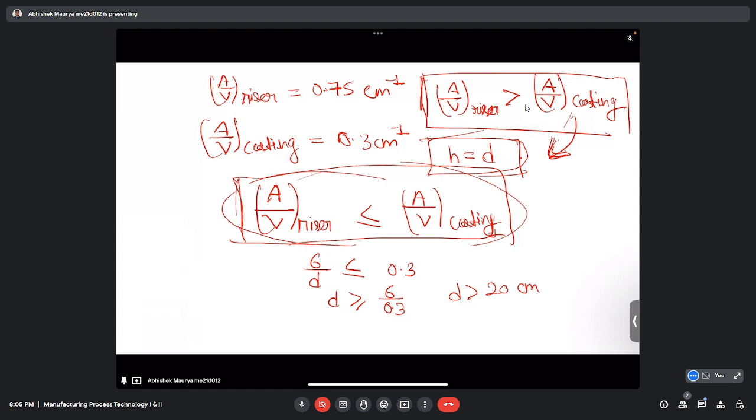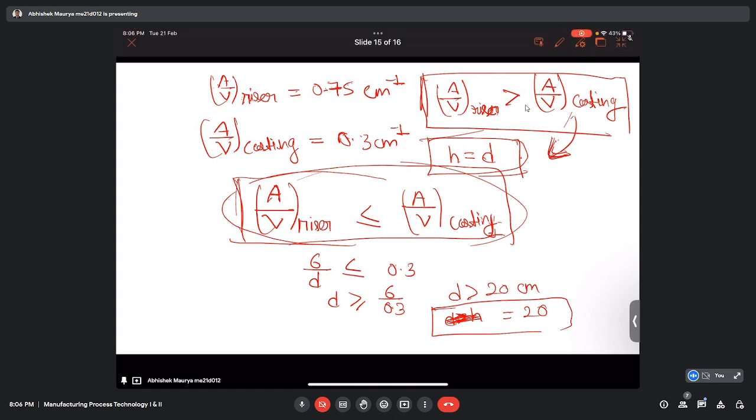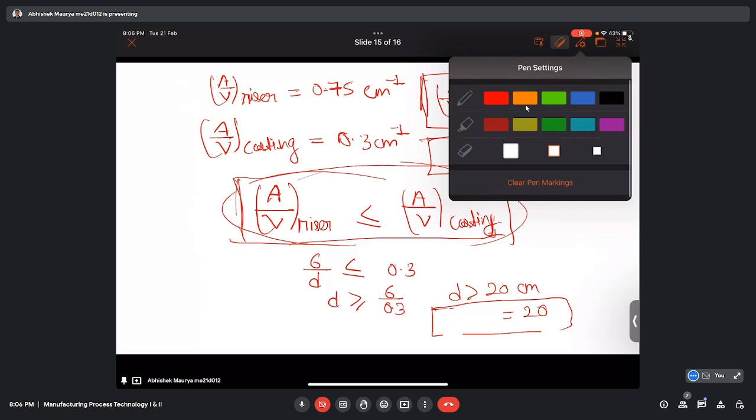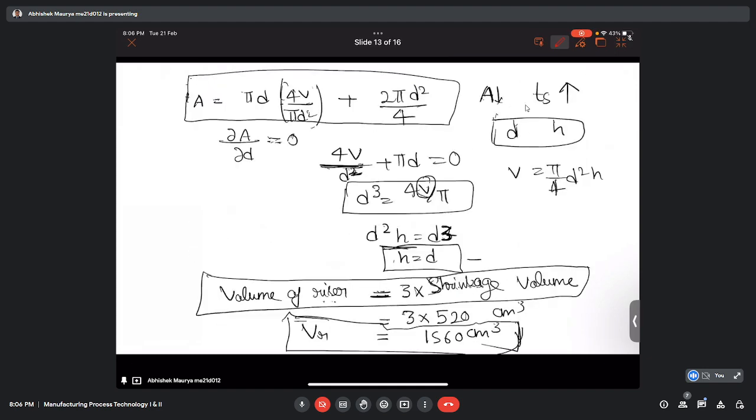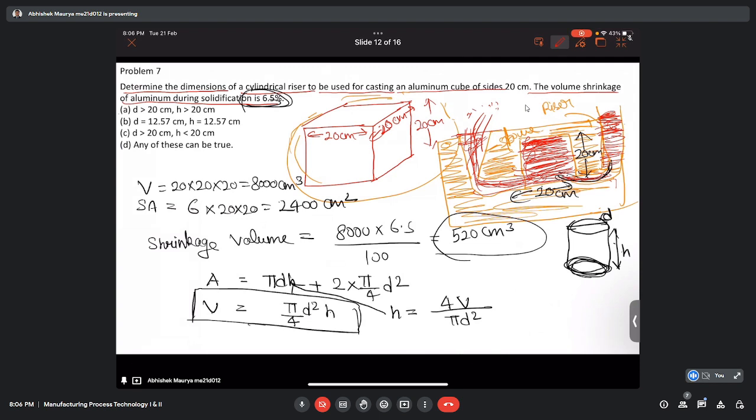Since D is equal to H, D and H both should be greater than or equal to 20. Okay, so the correct answer for this problem is A.